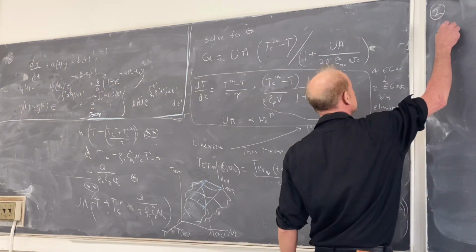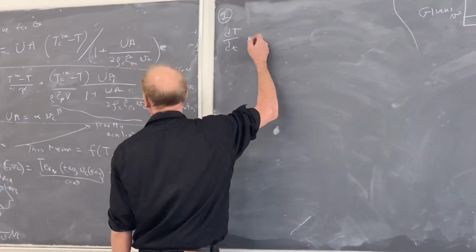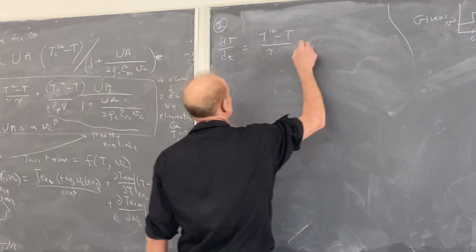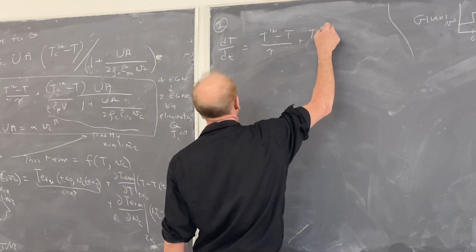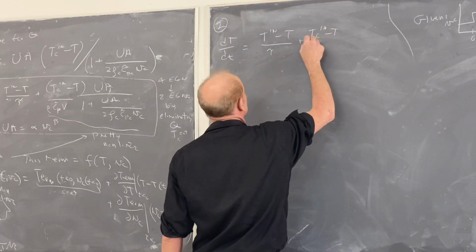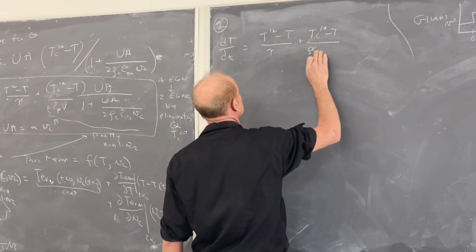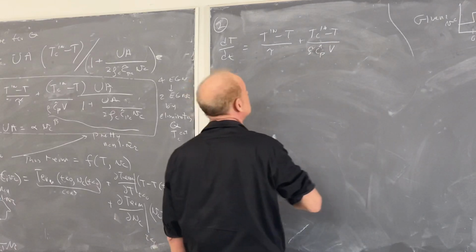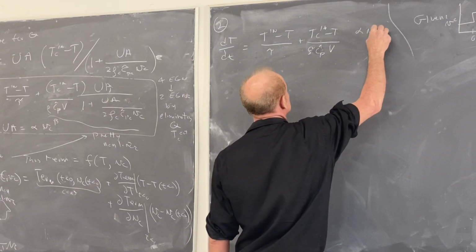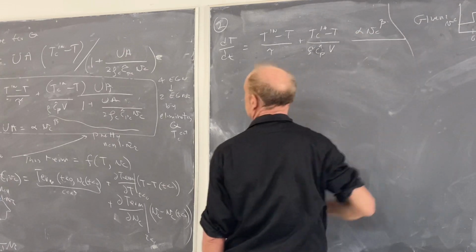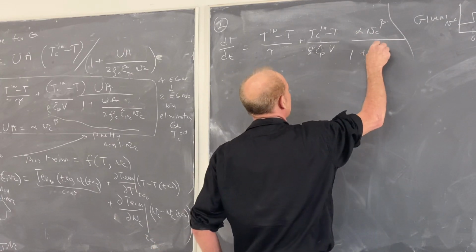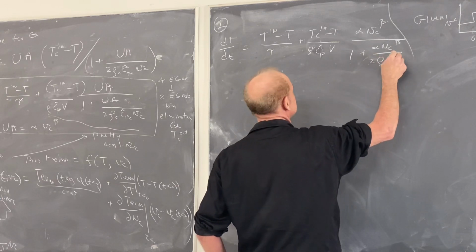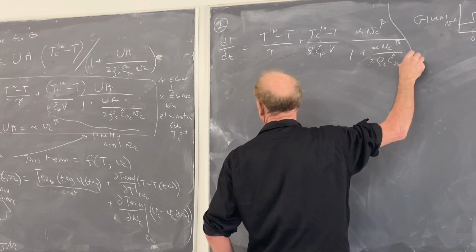So I have dT/dt is equal to (T in minus T) over tau plus (Tc in minus T) over rho Cp hat V times alpha Vc to the beta, divided by 1 plus alpha Vc to the beta over 2 rho Cpc Vc.